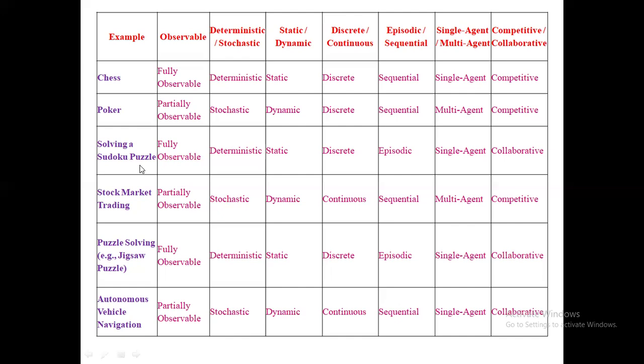Next, solving a Sudoku puzzle. Sudoku is a fully observable, deterministic, and static environment. The entire puzzle is visible to the solver, and the outcome of each action, that is filling in a number, is predictable. The environment is static as it does not change outside the solver's actions. Sudoku operates in a discrete space with a finite set of possible numbers for each cell.